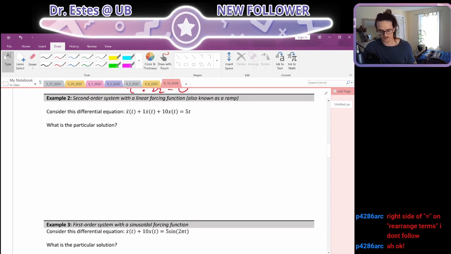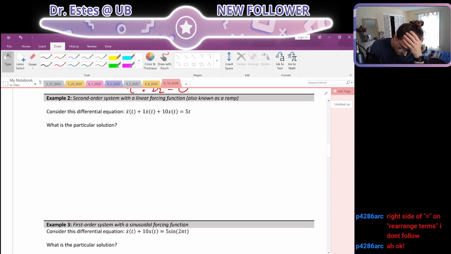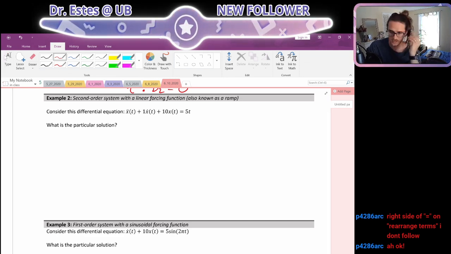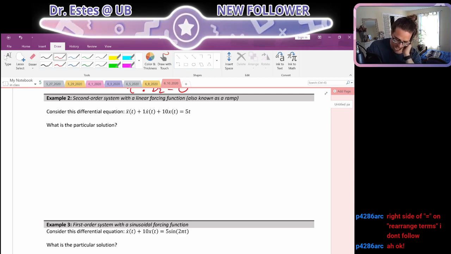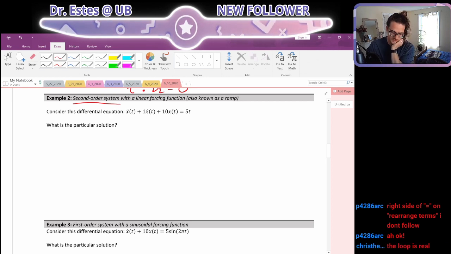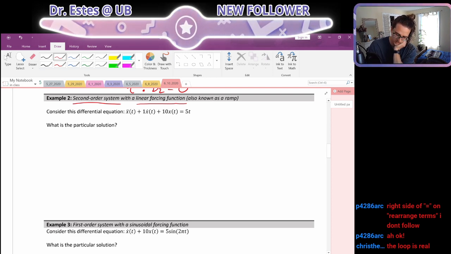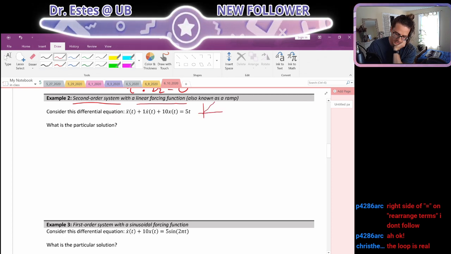Okay, let's try this one. So this is a second order differential equation, and we have this linear forcing function on the right hand side. So it's just t. As time goes on, this will linearly go up as a function of time, and it has a slope of 5.